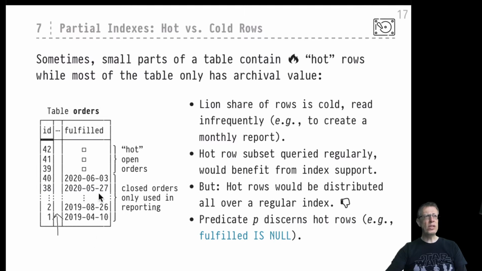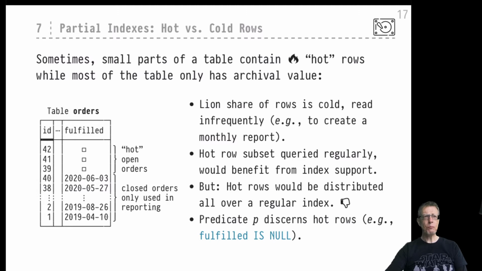Because the fulfilled column is not the indexing criterion, the not fulfilled rows, the hot rows, will be spread all over the indexes that we have built. And that's a pity, because this is exactly the subset of rows that is queried so often. It would be very beneficial if we could have a focused index that is only concerned with the hot rows.